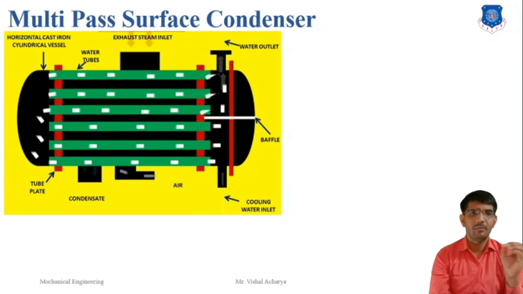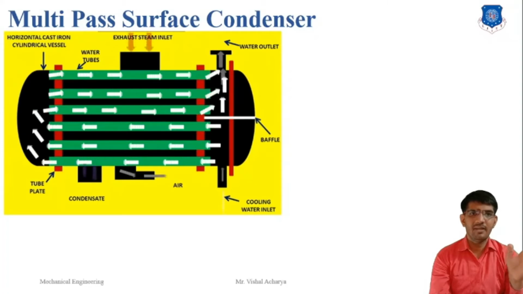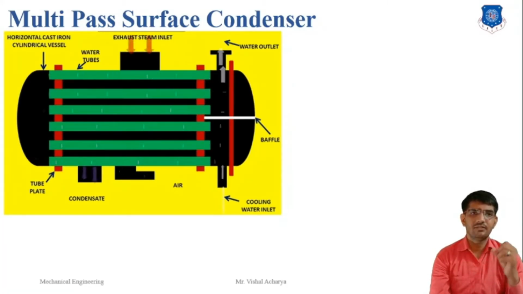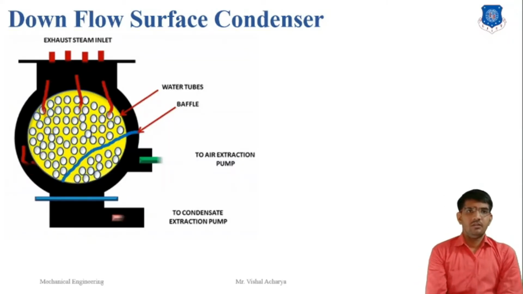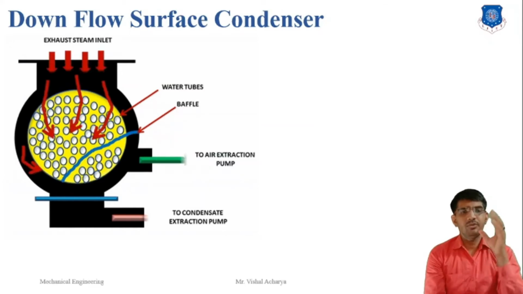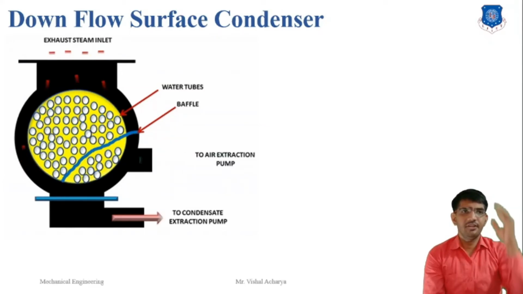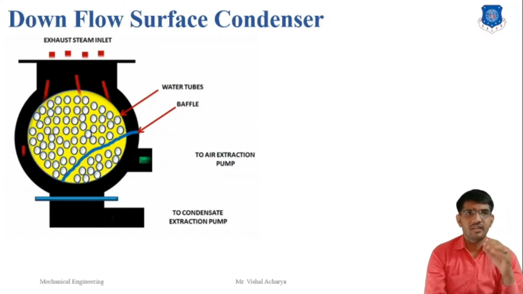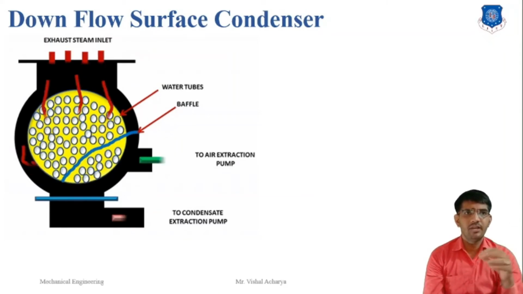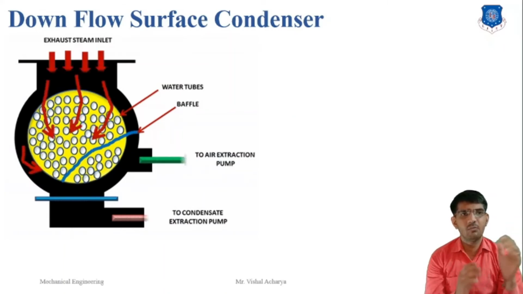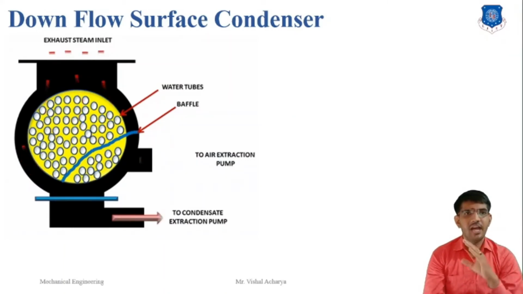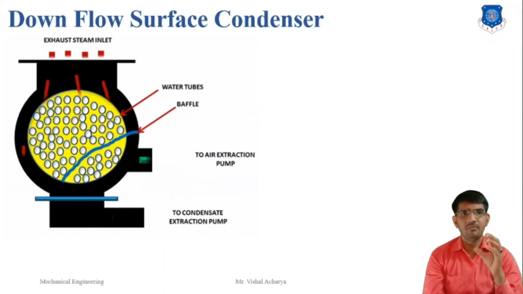Next are the types of surface condenser. On the basis of the direction of flow of the condensate, the arrangement of the tube system and the position of the extraction pump, they are classified into two types: downflow and center flow. In a downflow surface condenser, the steam enters at the top of the condenser and flows downward over the tubes, and due to gravity and the air extraction pump, the condensate gets collected at the bottom and is removed with the help of the condensate extraction pump.